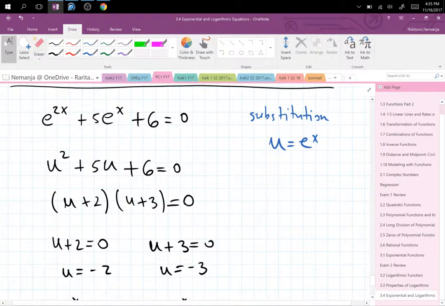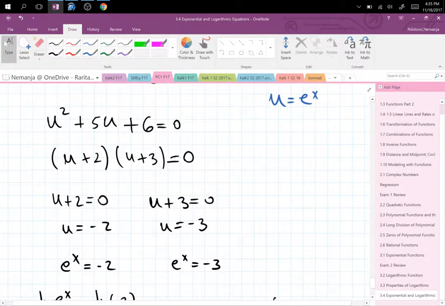So we have u squared plus 5u plus 6 equals 0. Then you perform whatever witchcraft you know to factor it. If you know factoring, go ahead, do it. If you don't know factoring, you will use the quadratic formula. Whatever works for you to get this factored and done. And then we solve each one of those, and we obtain u equals -2 and u equals -3.